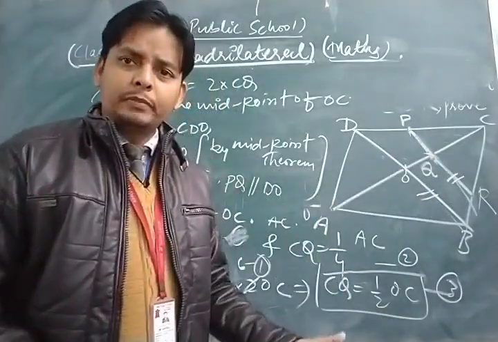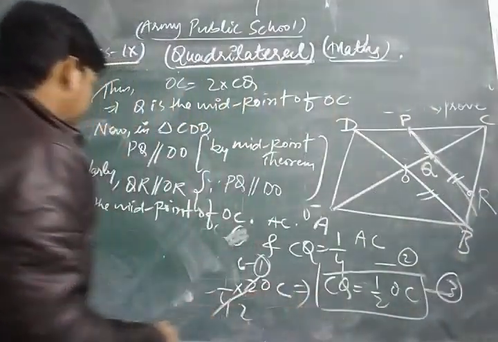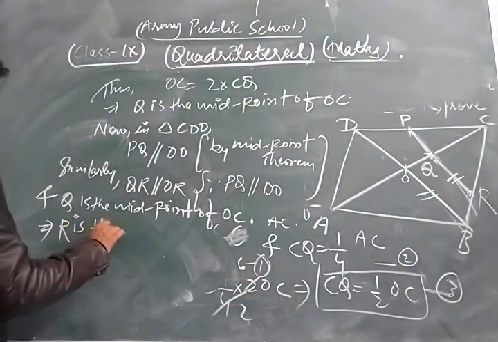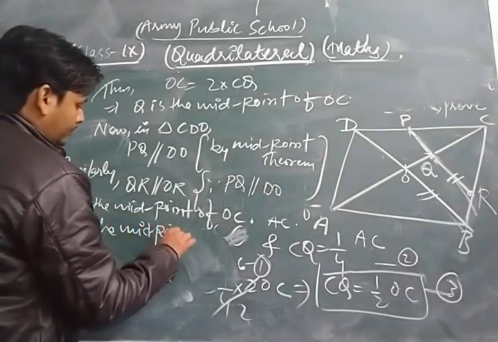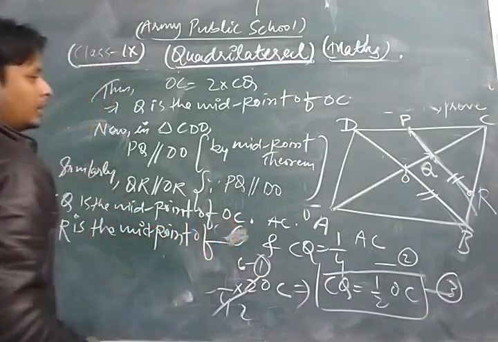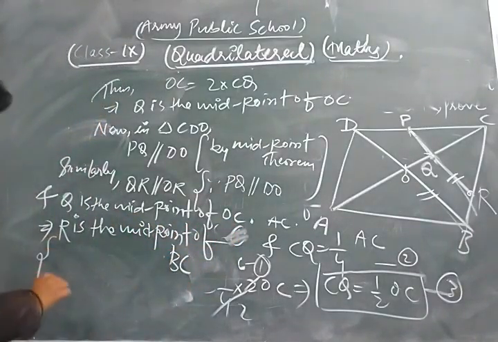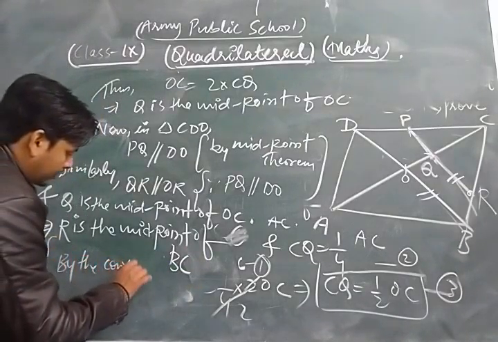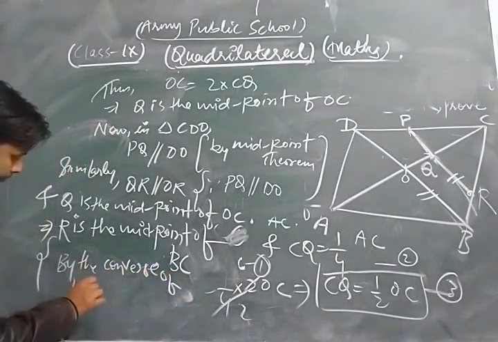Thus, by the converse of the midpoint theorem, R is also the midpoint of BC.